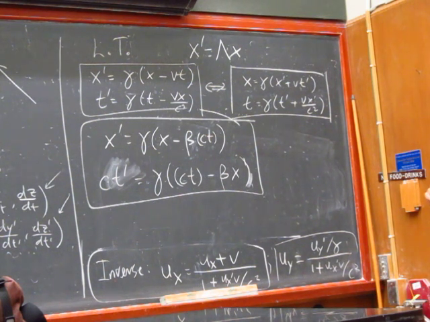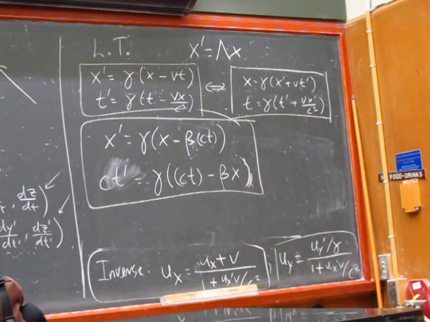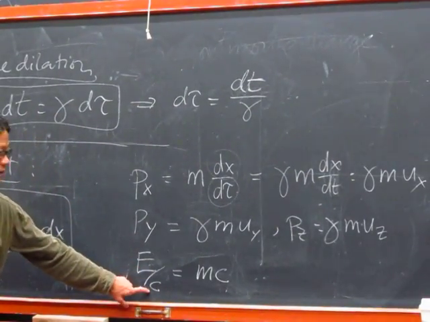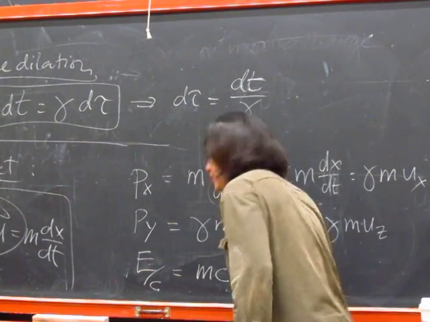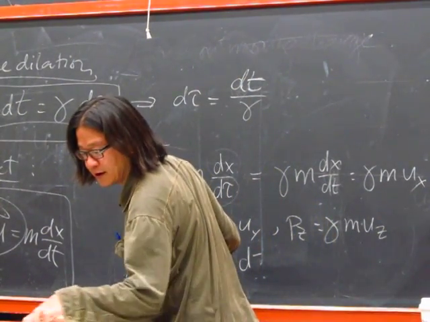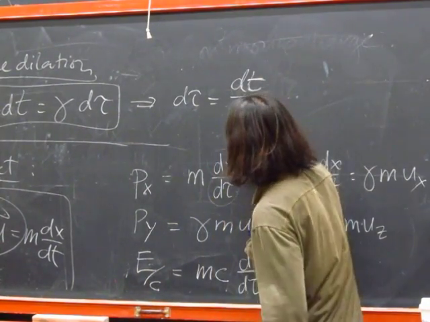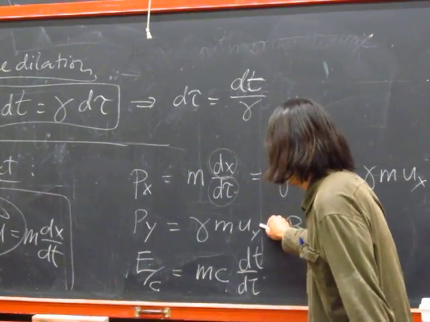Okay. So let's see here. If I do this, just bear with me for now, I just remember the formula. If I construct an object called E over c, it's given by mc times dt/d tau. This is the x d tau, and this is the y d tau.